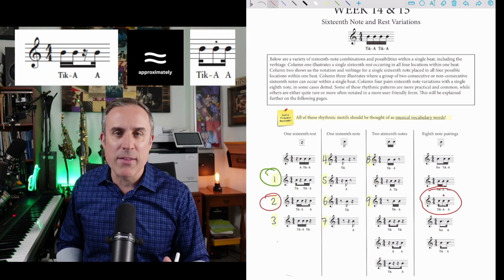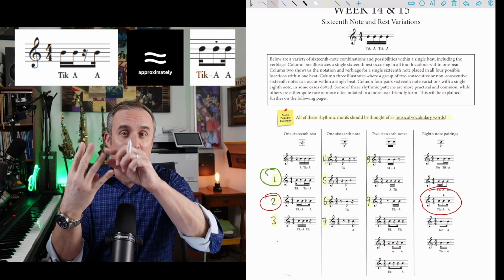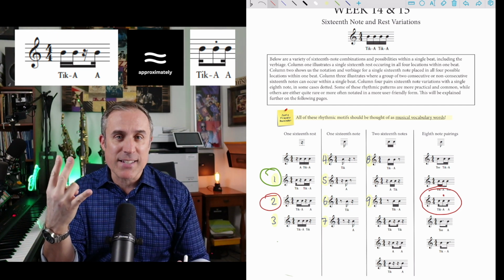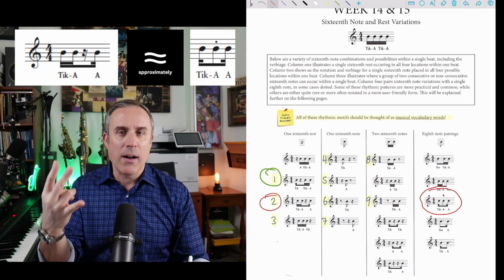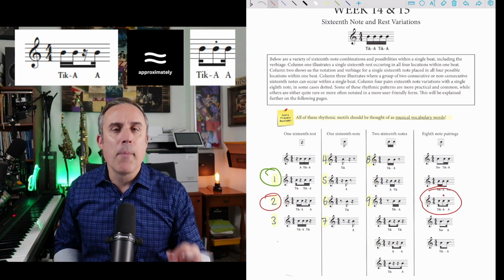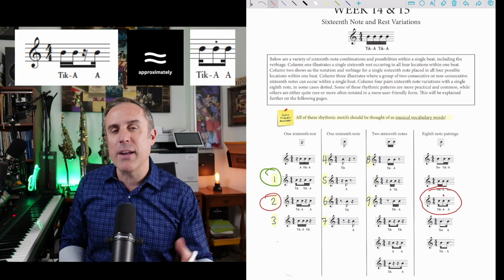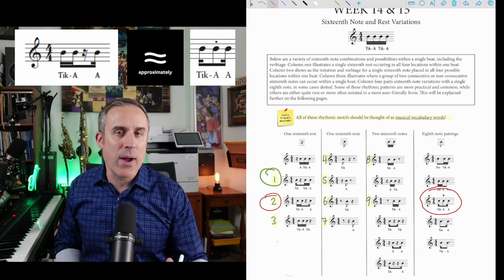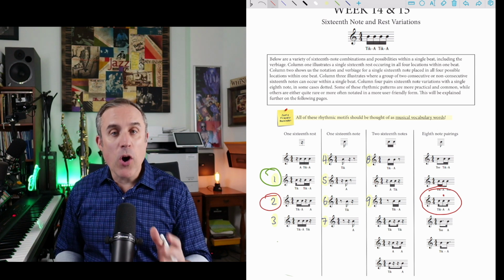That doesn't mean that the pattern in today's video, the Tik-A, rest, ah, doesn't exist. Can you have it? Of course you can. Tik-A, Tik-A. And you may see it in music, but I am willing to guess that you'd see the pattern in column 4 with a staccato 8th note much more frequently. So I hope that makes sense.